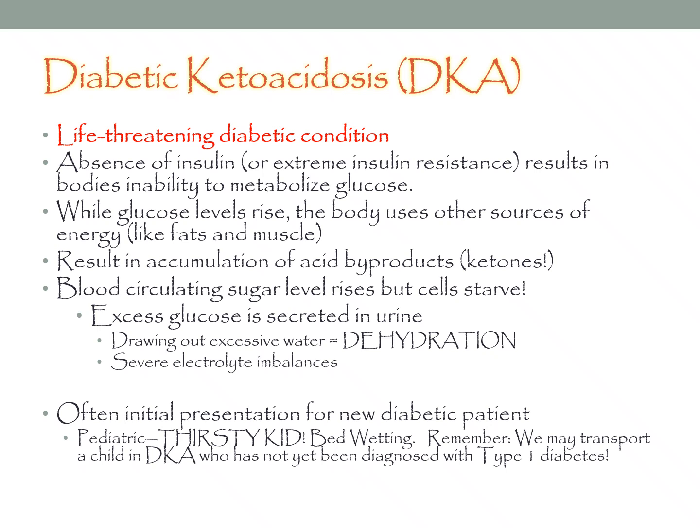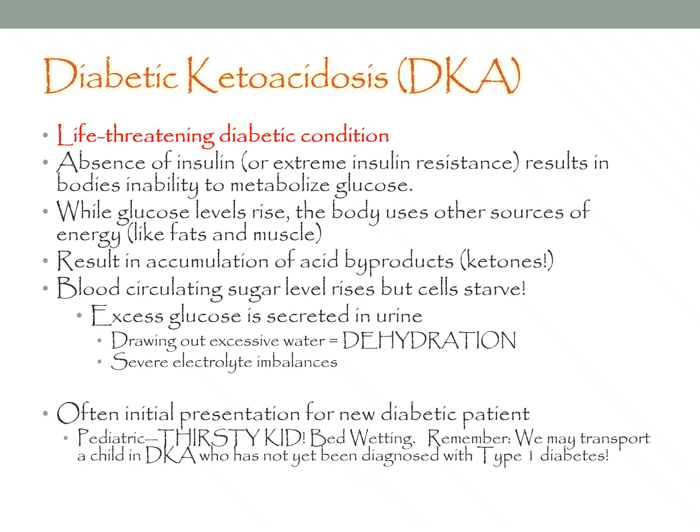It can also happen in type 1 diabetics who are poorly controlled and allow their blood sugar to rise high or don't take their insulin properly. This can also happen with type 1 diabetics with the onset of some type of stressor. Remember, we talked about in all the other endocrine conditions, oftentimes people have the underlying endocrine conditions, but a stressor will essentially exacerbate the condition. So like an infection or a surgery or some type of stressor.